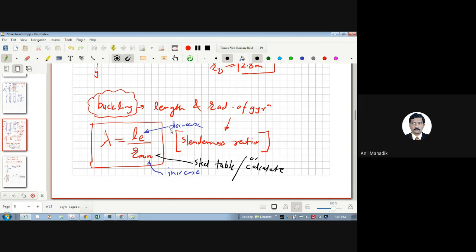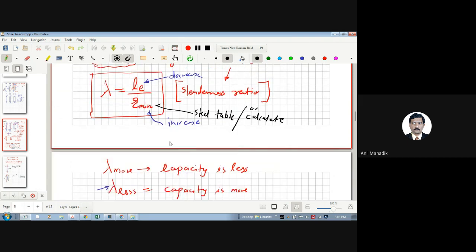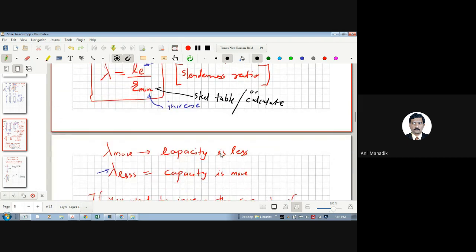Now we have already seen that if the slenderness ratio is more, capacity is less. That means permissible stresses will be less or more? So sigma AC permissible will be less, in this case.